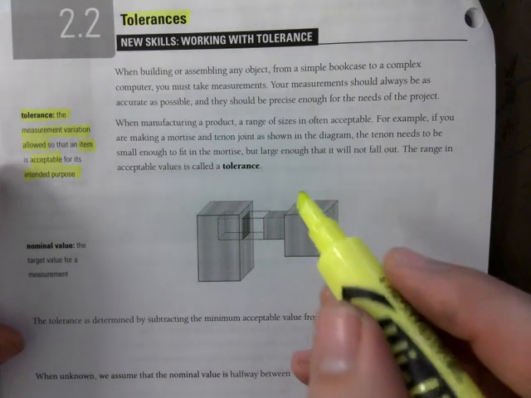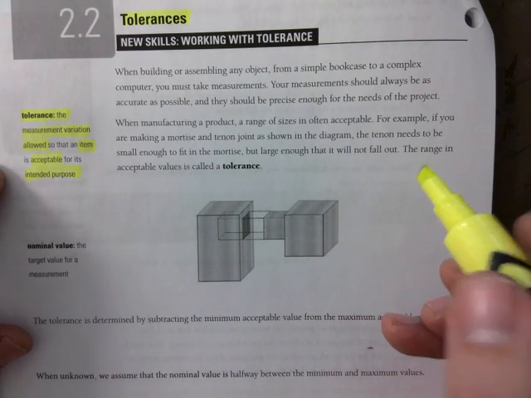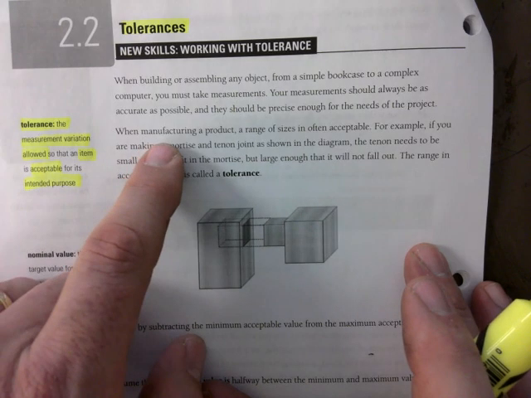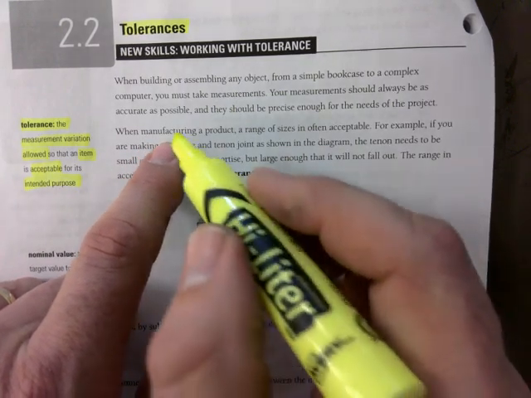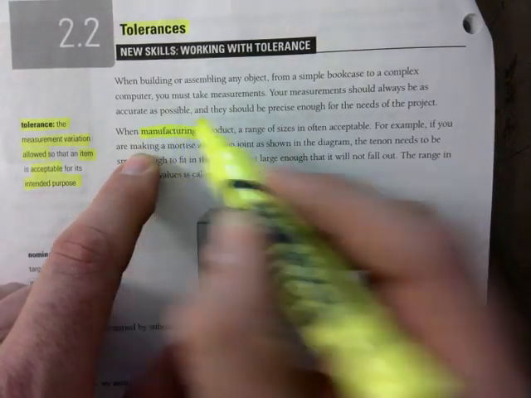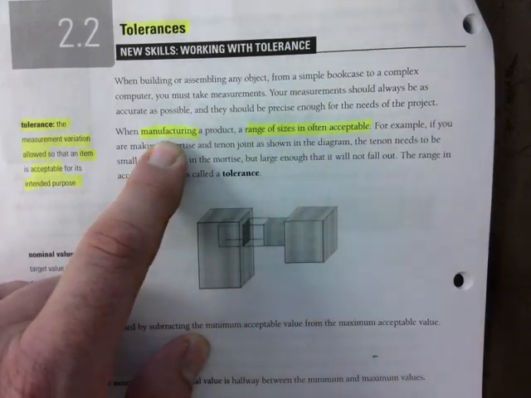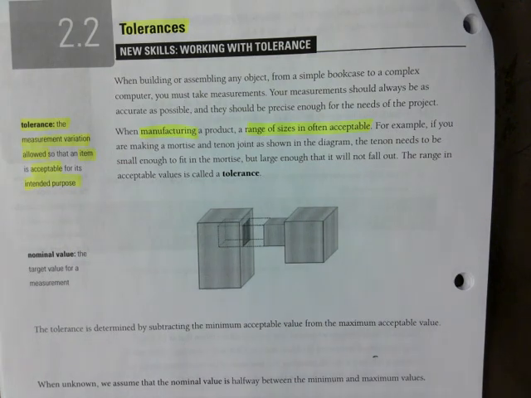All right, here. I want you to highlight, in the manufacturing world, a range of sizes is often acceptable. So I'm throwing a lot of ways to think about tolerance.